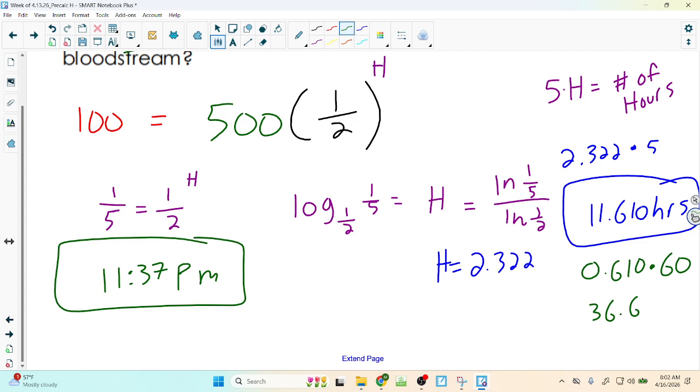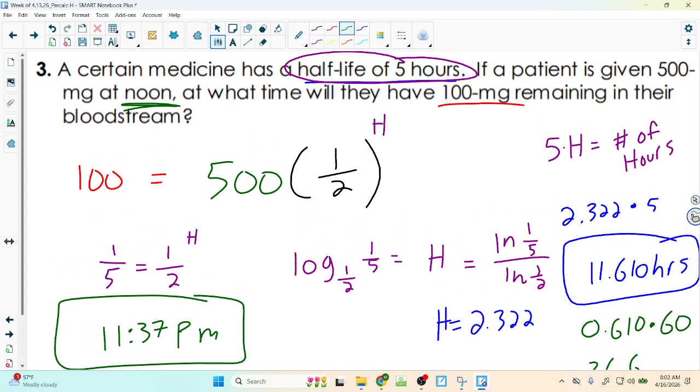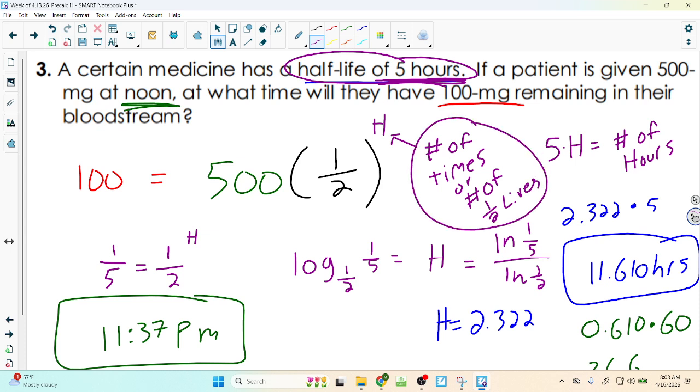I'm timesing by 5 because each half-life was 5 hours. So I found the number of half-lives. So this is the number of times, or the number of half-lives, if that makes sense. And then I multiplied that by 5.